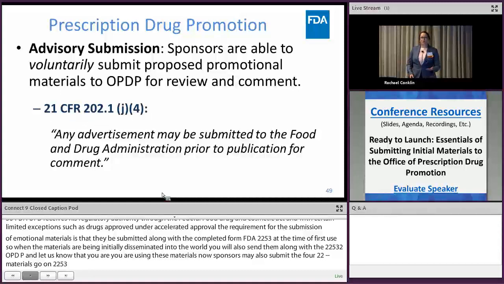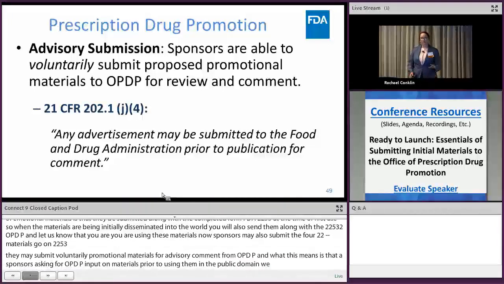We would then review the materials, provide advisory comments to the sponsor. The sponsor may use those comments to revise those materials if they choose. Again, this is voluntary unless there are certain exceptions, such as accelerated approval drugs, and I will cover accelerated approval launches a little bit later on because they are kind of specific and have specific requirements.